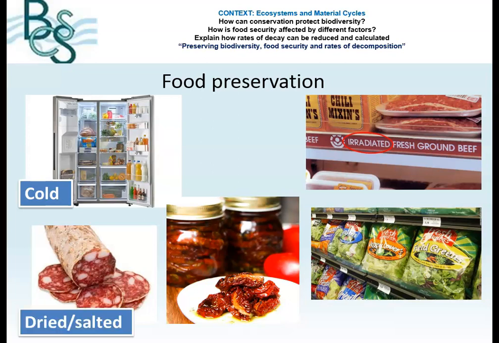We've got dried or salted foods. Salted food is doing the same thing as drying food. Basically, it removes water from the food, and because we need water for chemical reactions to occur, it means again that those decomposers can't undertake those chemical reactions of decomposition and respiration. We can put organisms in oil or in vinegar.